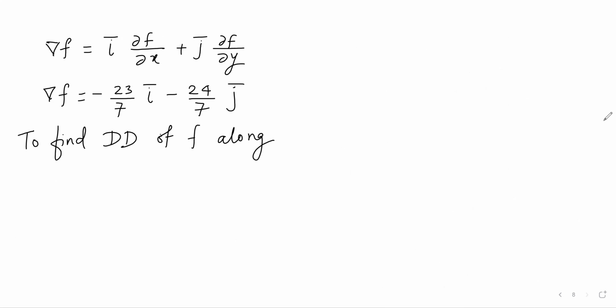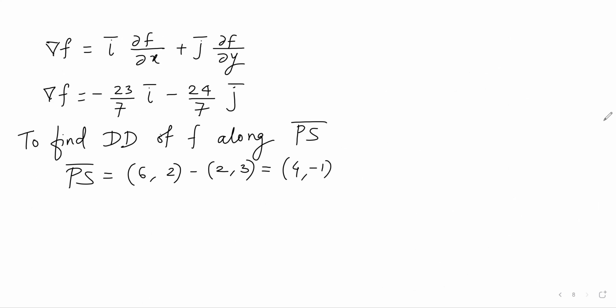PS bar is (6, 2) minus (2, 3). So that will give you 4, minus 1. I'll call this C bar. So C bar is 4i bar minus j bar.